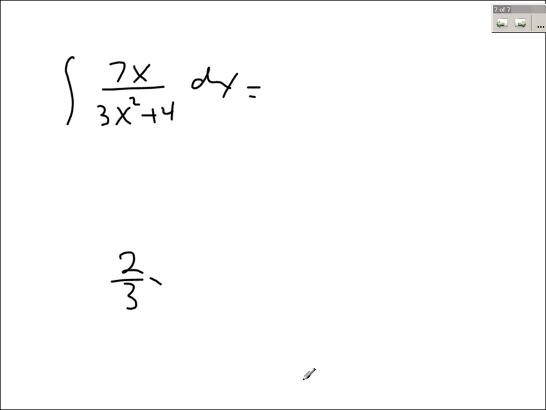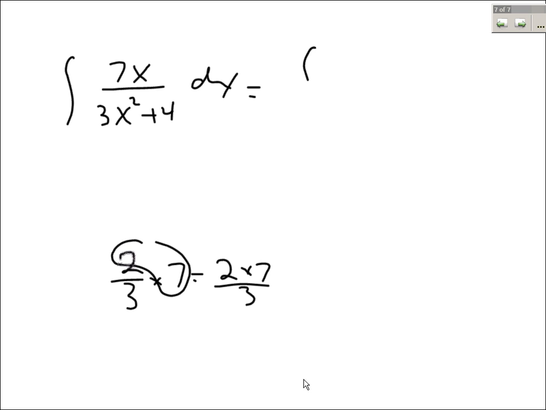Suppose you have the integral of 7x over 3x squared plus 4 dx. Just like if you had 2/3 times 7, this is really 2 times 7 over 3. That is, you multiply those two.